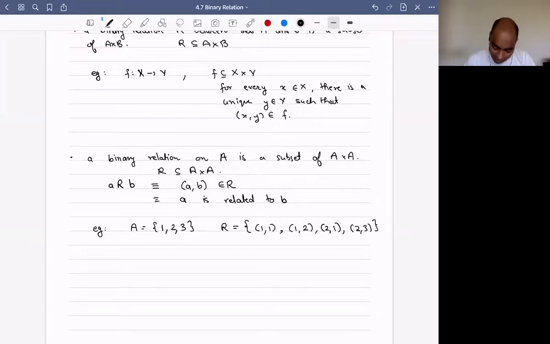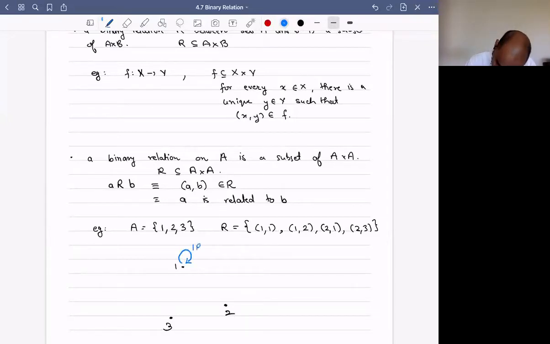And how do I do that? I create a graph whose vertices are the elements of my set. So I have 1, 2, and 3. And then for every pair in the binary relation, I draw an edge starting at the first element of the pair and ending at the second element of the pair. So that will look like this. The first element is (1, 1).